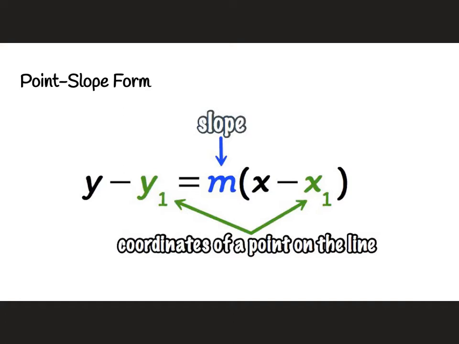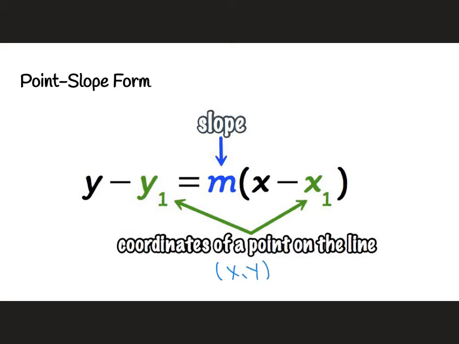We again have the slope as m, and now we've got y1 and x1, and those are going to just represent a coordinate, a point on the line. It's going to be that xy that you see.